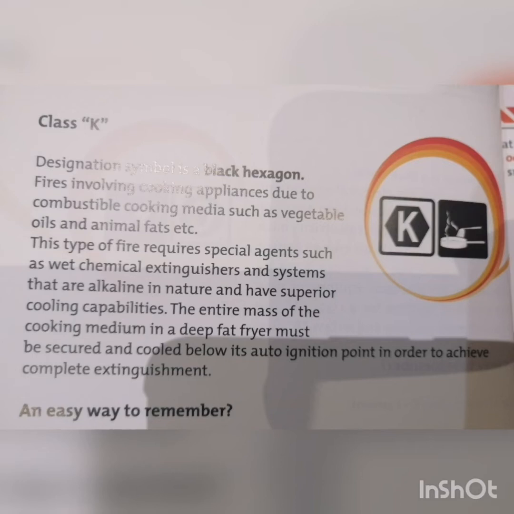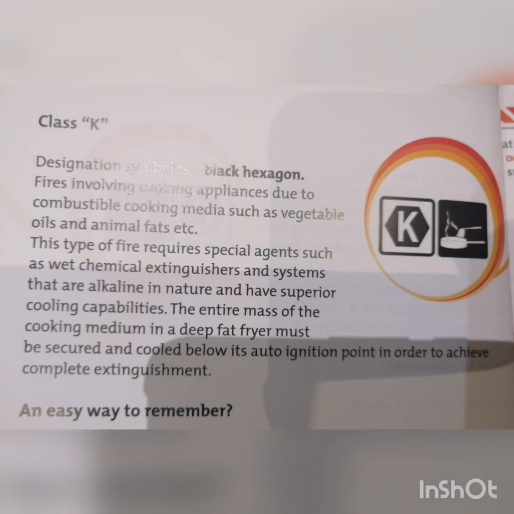This type of fire requires special agents such as wet chemical. You can use wet chemical to stop the Class K fire. This type of fire requires agents such as chemical extinguisher systems that are alkaline in nature and have a superior cooling capability.